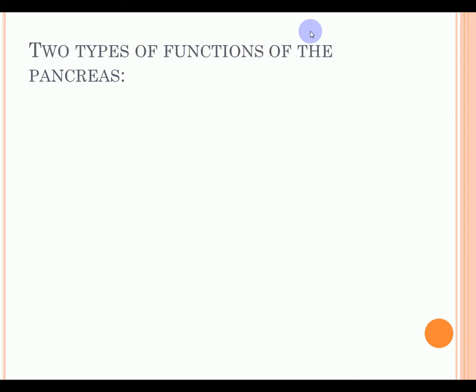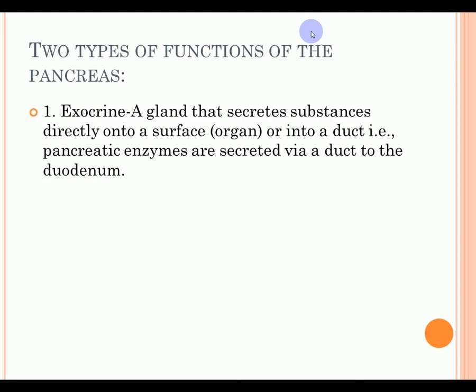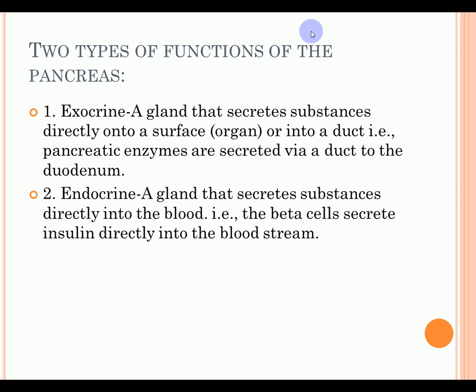There are 2 types of functions of the pancreas. One is the exocrine function. This is the gland that secretes substances directly onto a surface or organ into a duct. The pancreatic enzymes then are secreted via duct to the duodenum. The endocrine system is a gland that secretes substances directly into the blood.